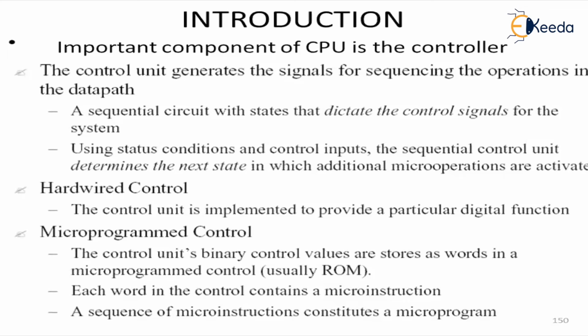So for the execution, the instructions are in the form of micro instructions. A sequence of micro instructions constitutes a microprogram. So you have different micro instructions that together form a microprogram, which are interconnected.